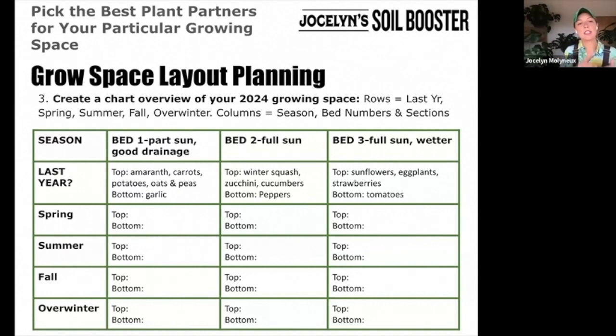So then in terms of the rows, I do want to start with a first row that indicates what was grown there last year. Now, if you're really advanced, you actually may include things like the past few years of what was grown there.